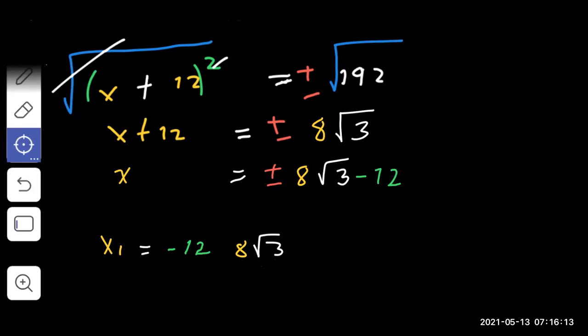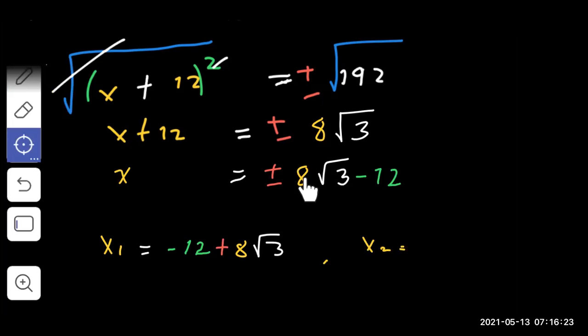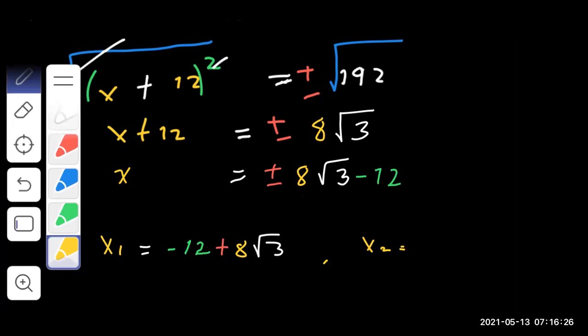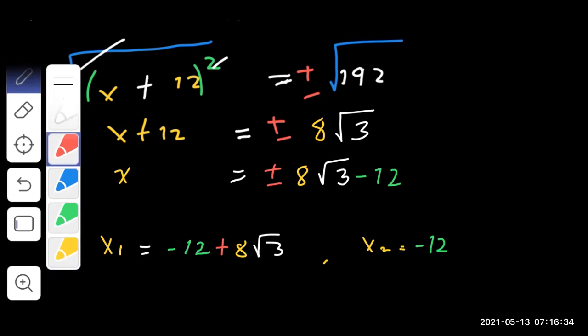So I'm going to take the positive case at this moment. That's solution 1, and solution 2 will be, again, instead of putting the radical first, negative 12 first, and I have already taken the positive, so then I'm going to take the negative 8 square root of 3.